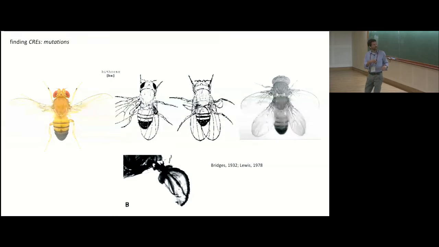So the bithorax mutation produces a phenotype that is smaller, a subset of the phenotypes of the total loss of function of the gene. So that might tell you that you are hitting here one of these control elements that regulates the expression of this gene that is required to make the halteres, otherwise they are transformed totally into wings, and is required in the anterior region of the haltere. The posterior region of the haltere is fine in this mutation, all right?